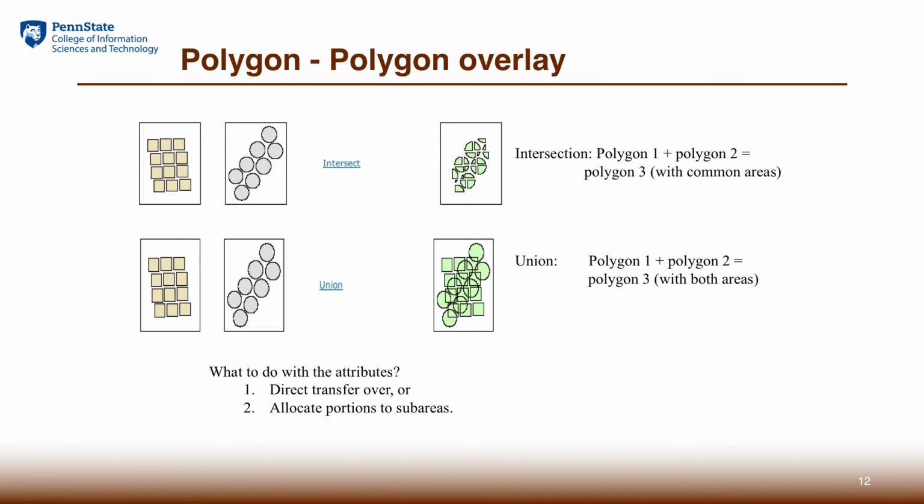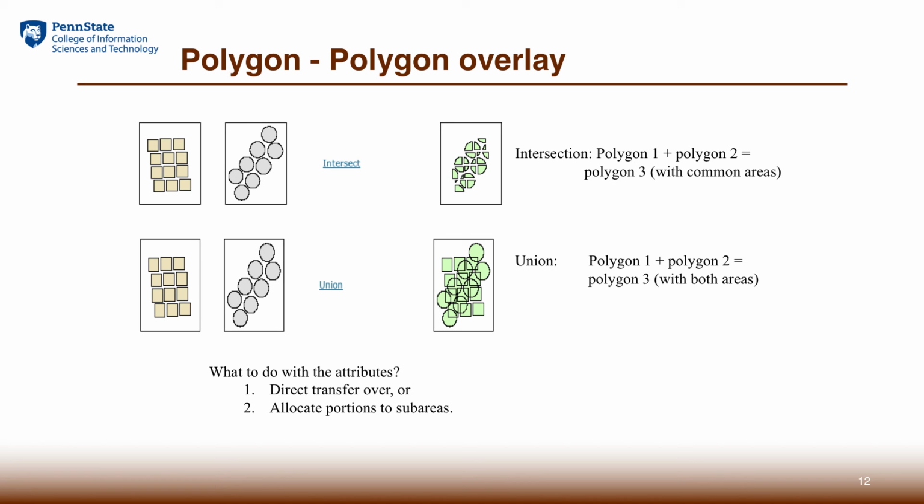Overlay between two polygon areas also can happen in two forms, intersect or union. We have a hypothetical illustration of how these two operations work. It's obvious from this illustrative figure, because they're cutting each other and there are gaps in between overlapping areas, you're going to see some fragments that are scattered.